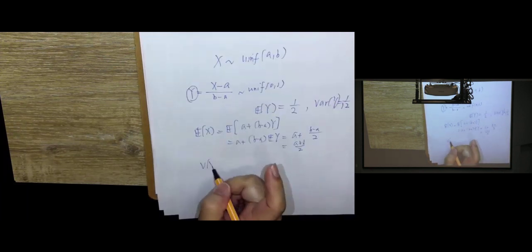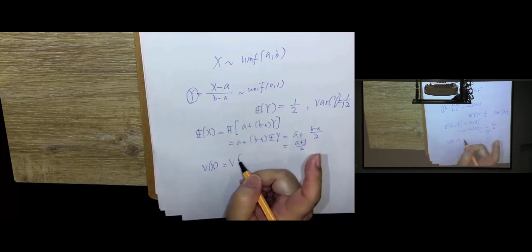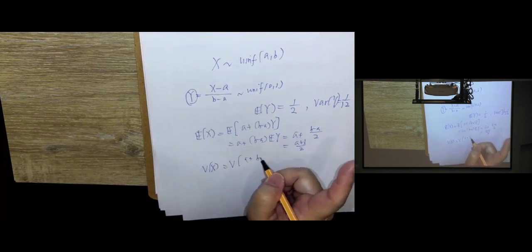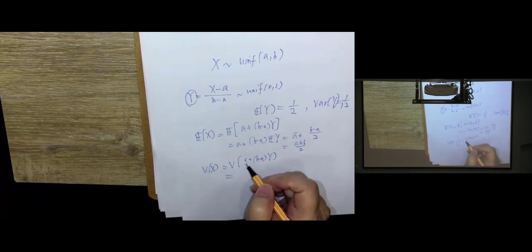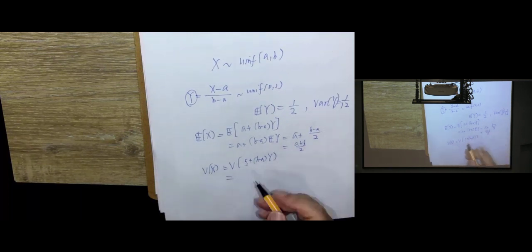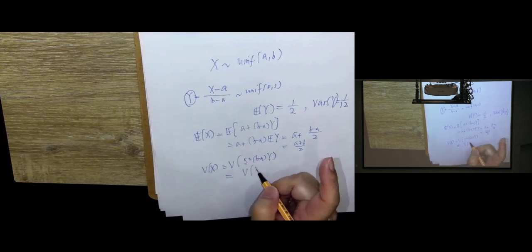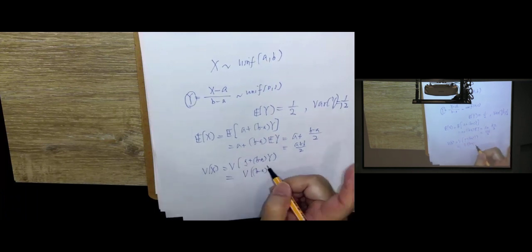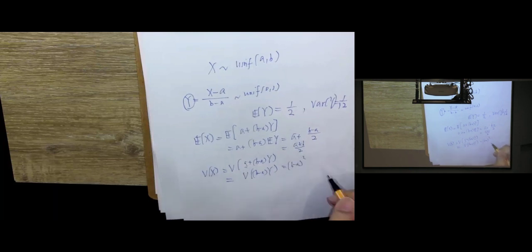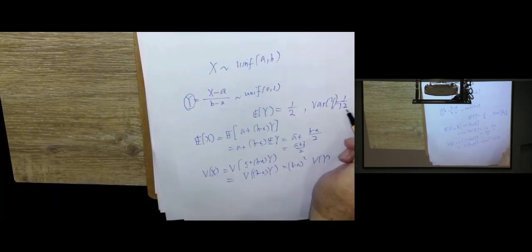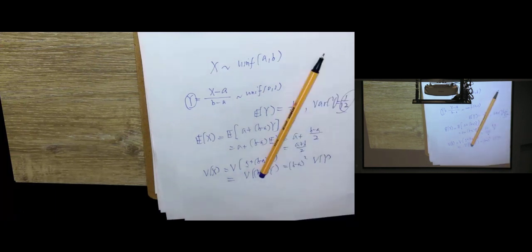And then the variance of X would be the variance of A plus B minus A times Y. And remember that when we have a translation, the variance will disappear. All right? And so we have B minus A squared times the variance of Y. And so that is where the 1 over 12 comes about in your slide there.